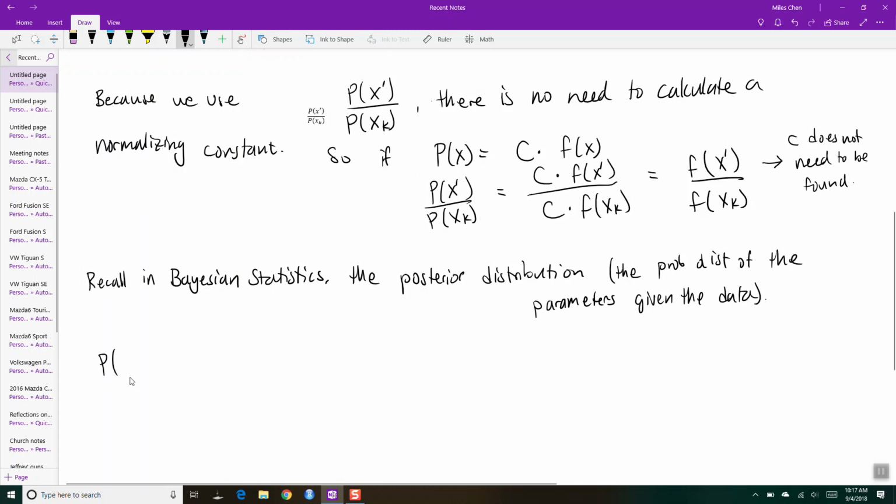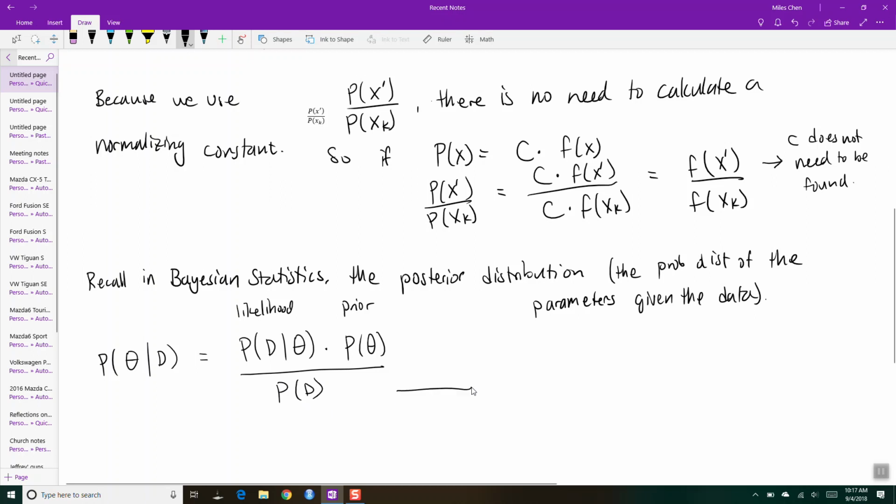That's going to be the probability of your parameters theta given the current data is equal to the likelihood times the prior distribution divided by the probability of the data, okay?